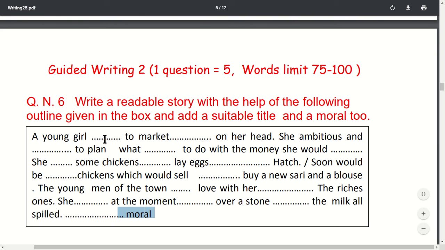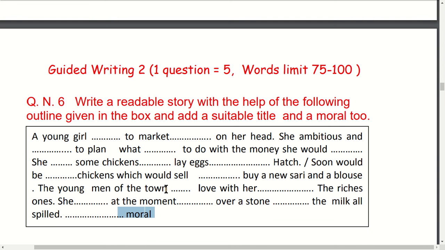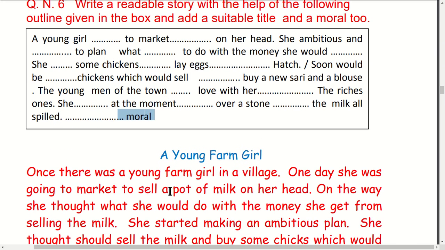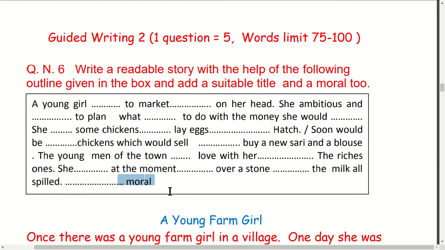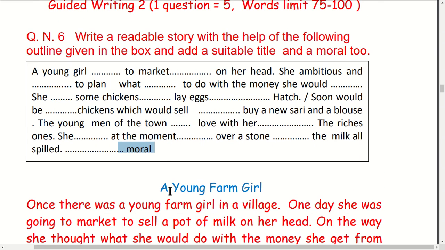Generally some students like that, but this is not the exercise for filling the gap. In this exercise you have to develop a readable story, and also give a title and a moral too.